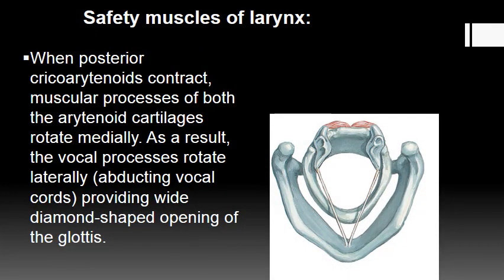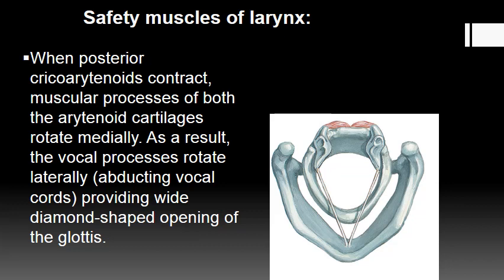That's why it is called the safety muscle of the larynx. Why? Because when the posterior cricoarytenoid muscles contract, the muscular processes of both arytenoid cartilages rotate medially. As a result, the vocal processes rotate laterally.